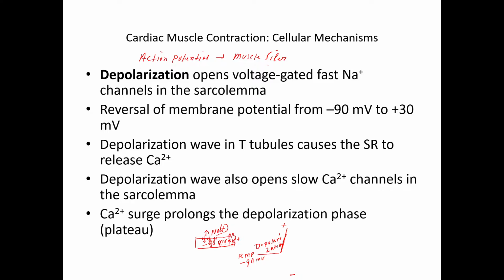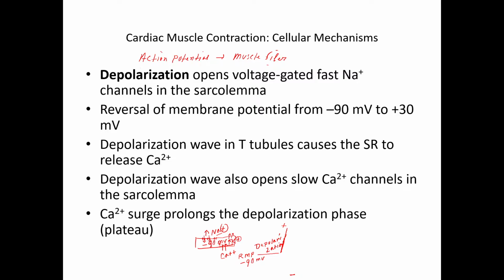So now you see potassium is also positive, so potassium is getting out, but something else happens at the same time. Calcium channels get opened, so calcium gets in. So these two things happen together. Calcium is also positive. So calcium is getting in, that means positive is getting in, and potassium is getting out.